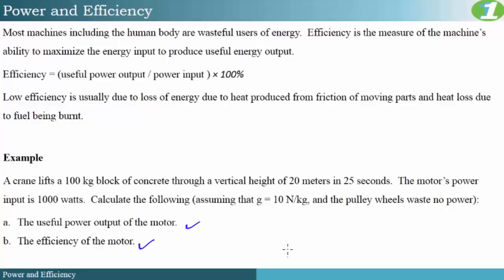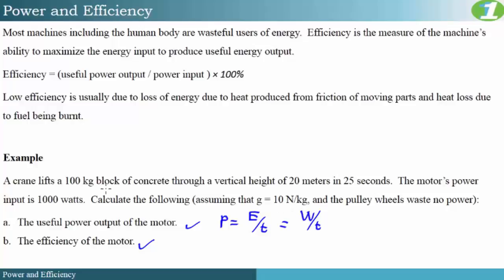So let us see what formulas we need to apply here. We know that power is equal to energy over time, which is also equal to work done over time taken, because remember we showed a direct link between energy and work. Energy is the ability to do work, while work is simply energy in motion. So these two concepts are somewhat interchangeable.